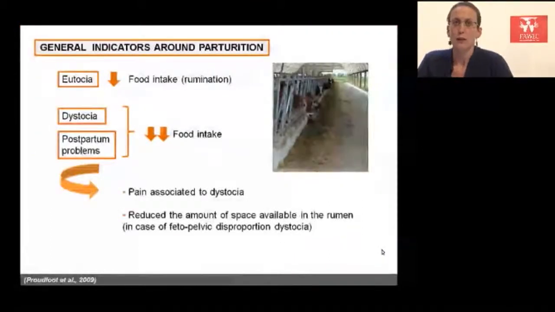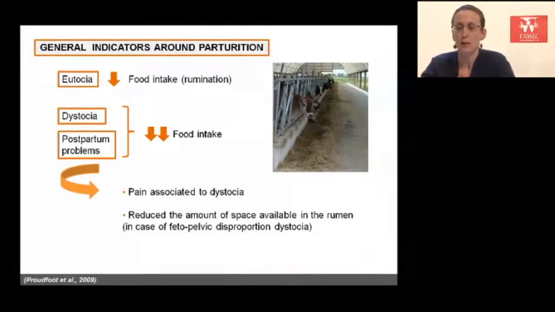Here, more specifically, we have an example of general indicators around parturition. First of all, it's important to say that normal or eutocic parturitions normally produce a decrease in food intake and also in rumination in cattle. But despite this, there are several pieces of evidence that in dystocia or postpartum problems such as retained placenta, metritis, or ketosis, there is a dramatic decrease in food intake.